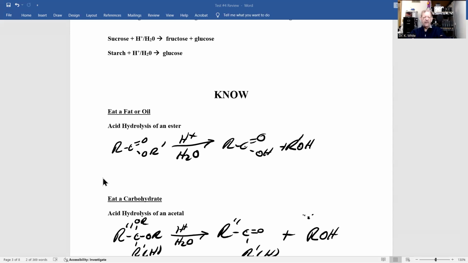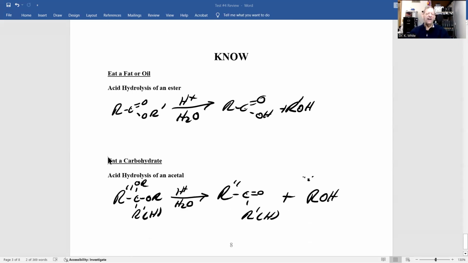Well, in words, what's the functional group in a fat or oil? An ester. And it's acid hydrolysis of an ester. And here you learn for test 3, ester, acid, water, H plus is any acid. And you get back the carboxylic acid and the alcohol you would have used to make that ester.